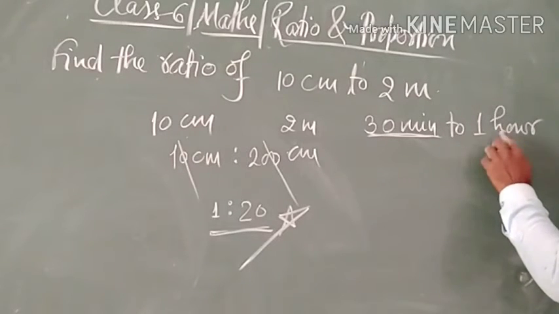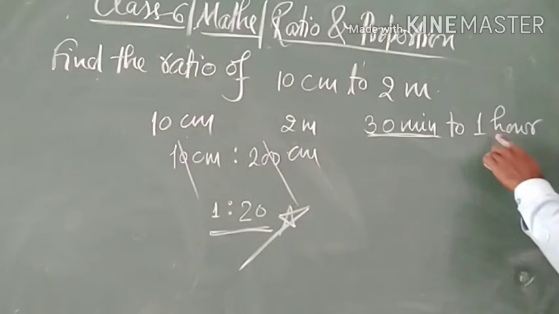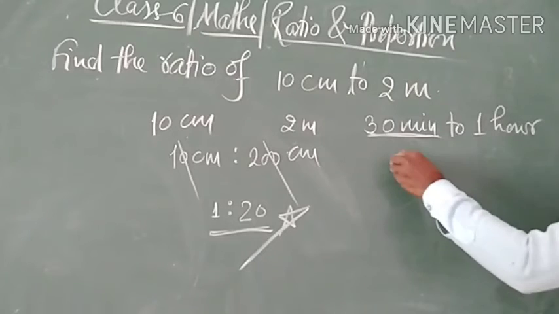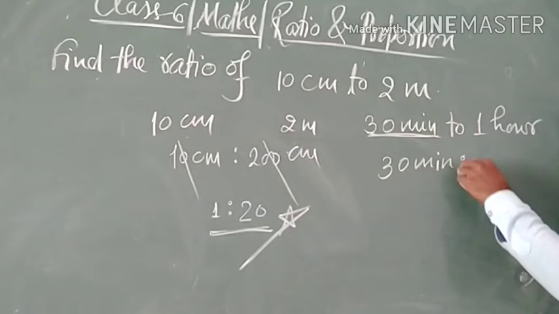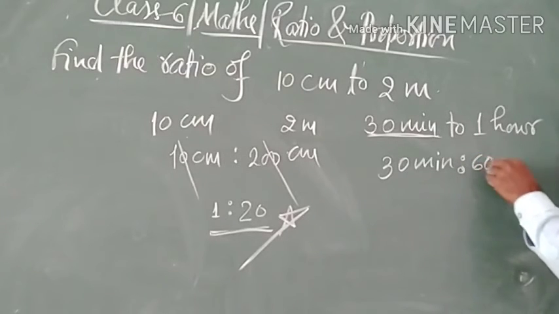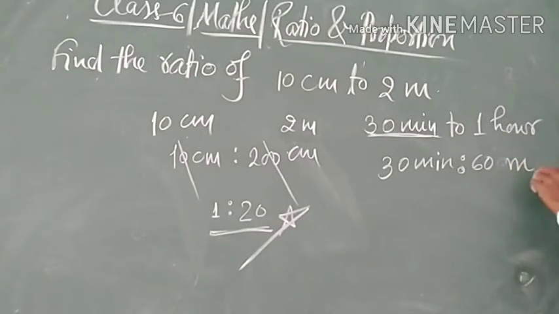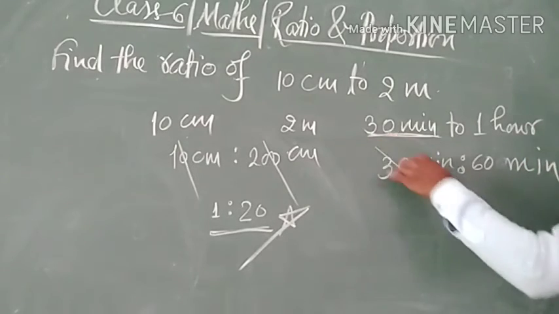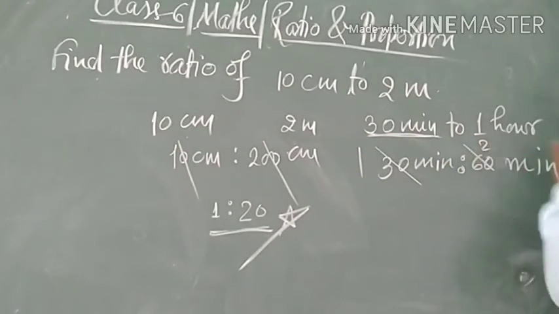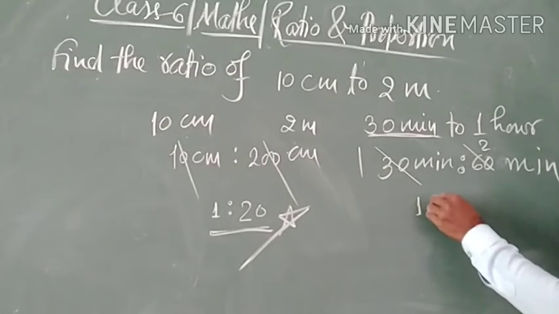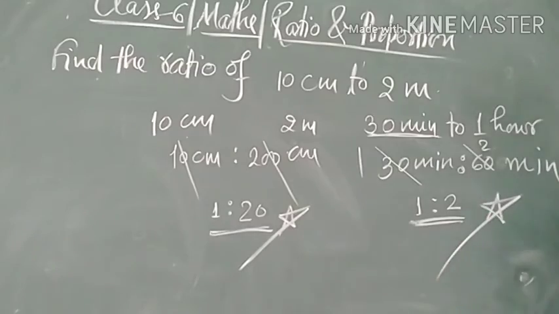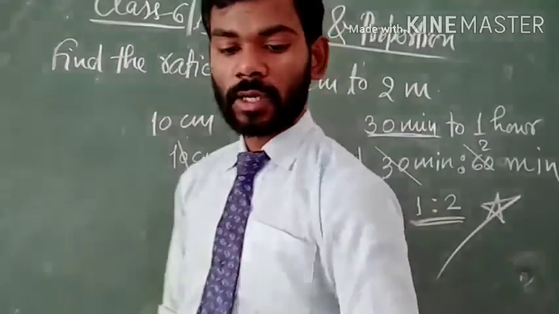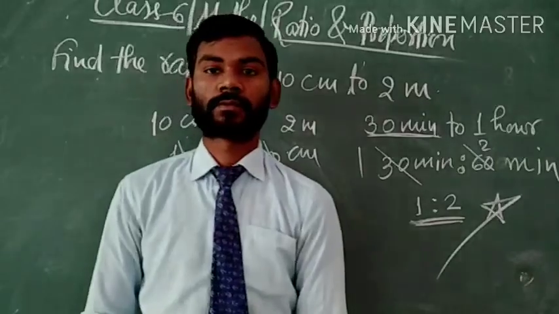So we shall convert it into minutes also. Since we know that 1 hour is equal to 60 minutes, this will be equal to 30 minutes is to 60 minutes. Cancelling 30 with 60, we get the ratio 1 is to 2. Therefore 1 is to 2 is the right answer.